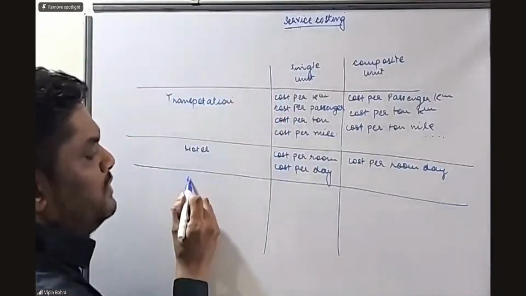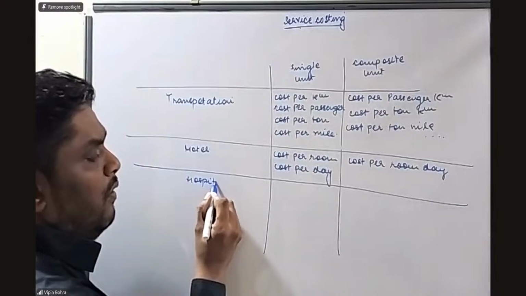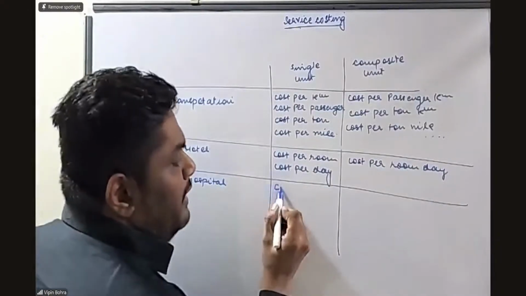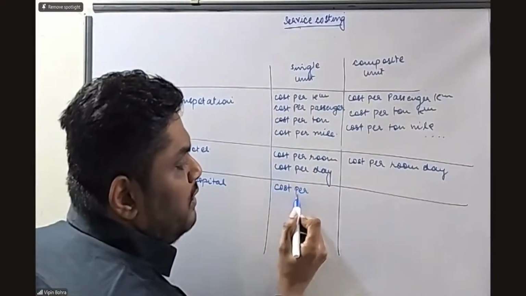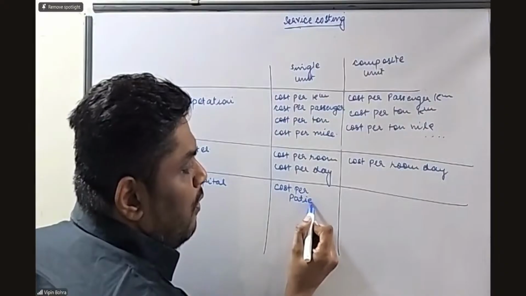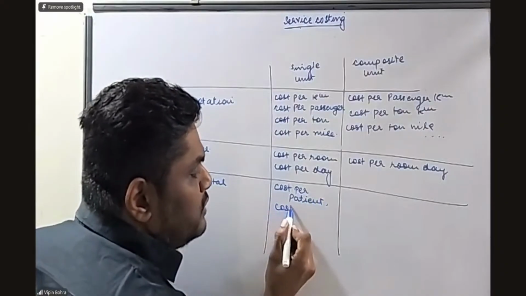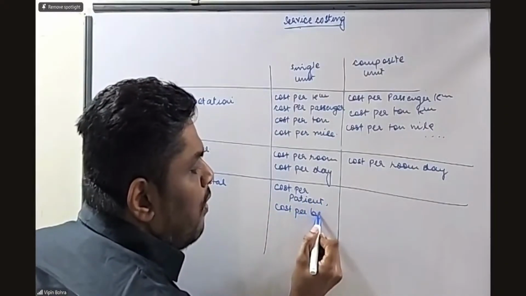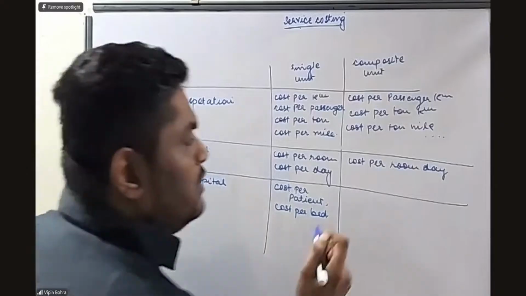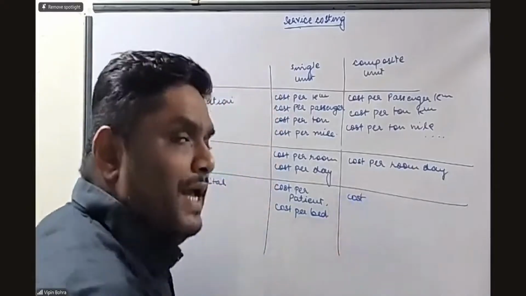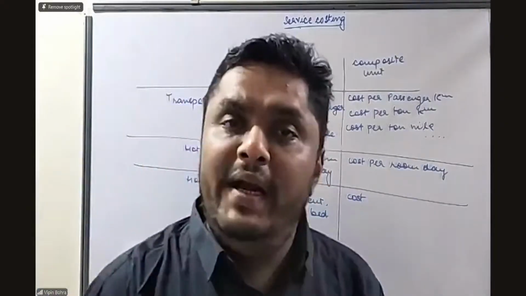When talking about hospitals, it can be cost per patient. It can be cost per bed. And again, cost per patient bed. That is how many beds are occupied in a day.